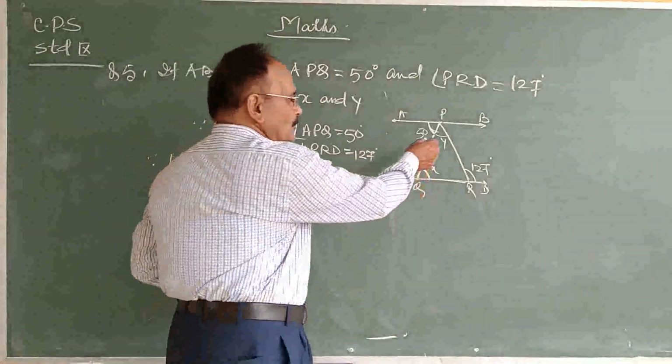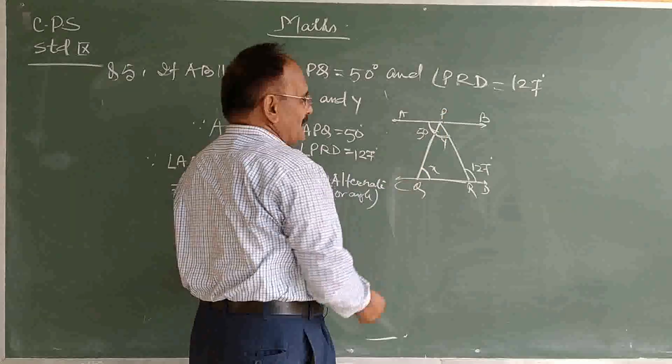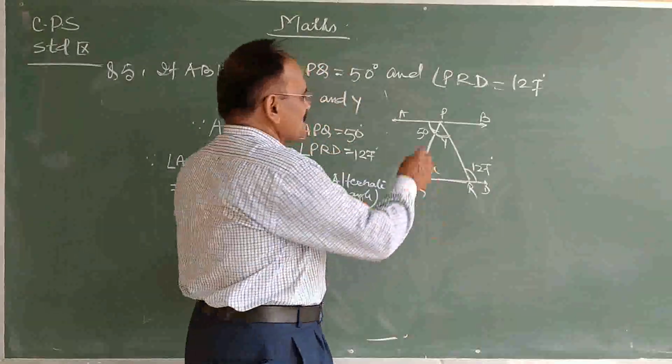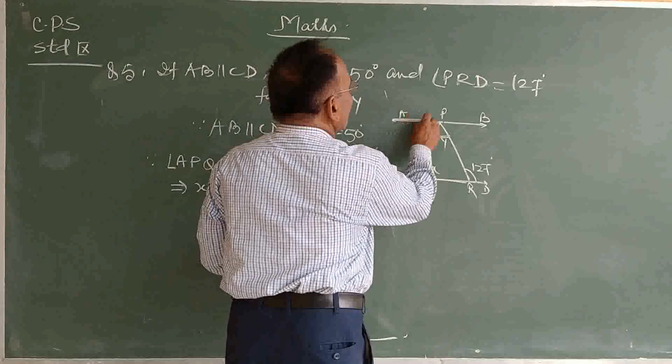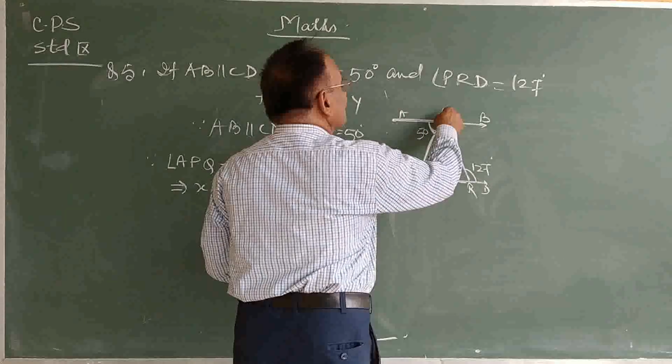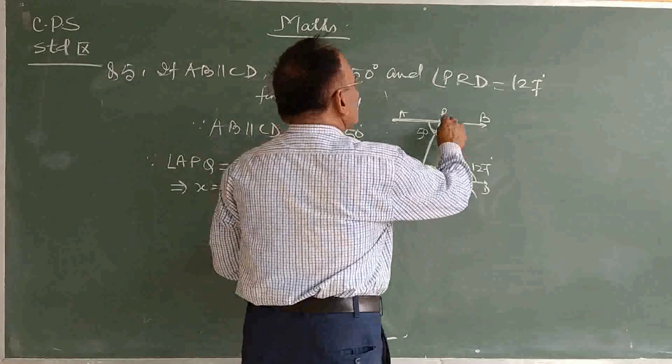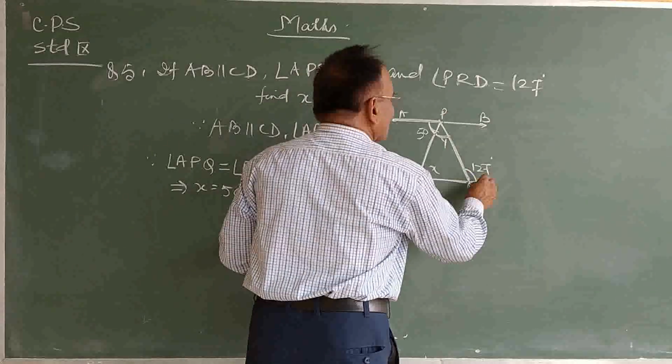Now we have to find out Y. Again AB is parallel to CD. So this angle APR is equal to angle PRD.